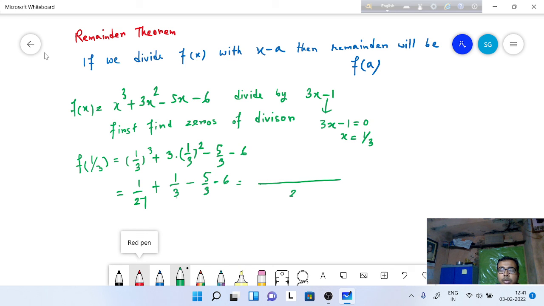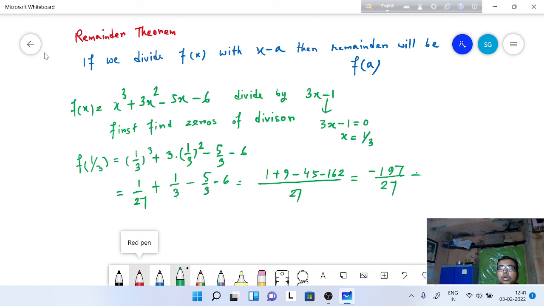Simplifying over the common denominator of 27, we get minus 197 by 27.